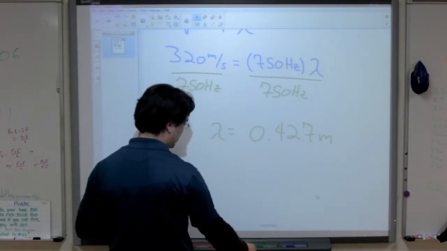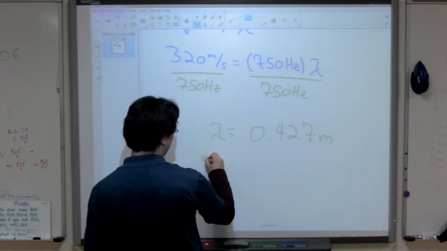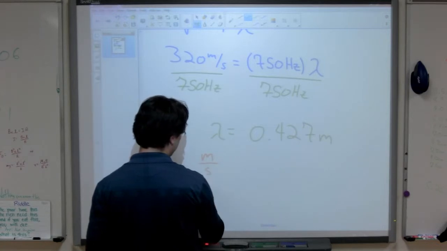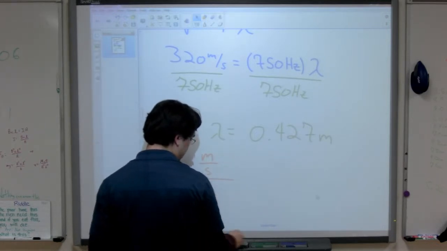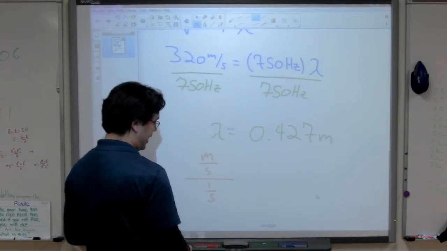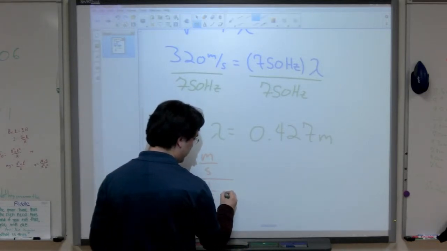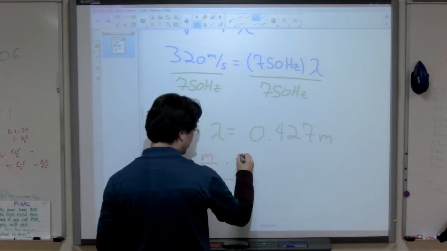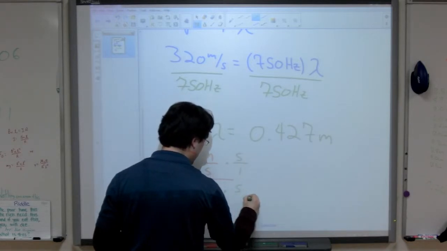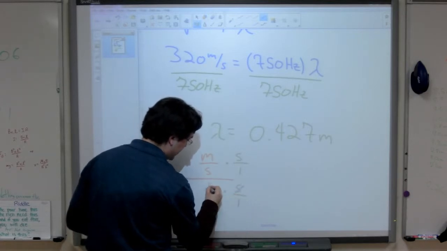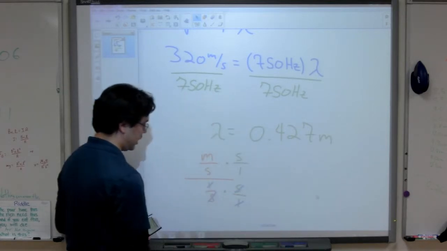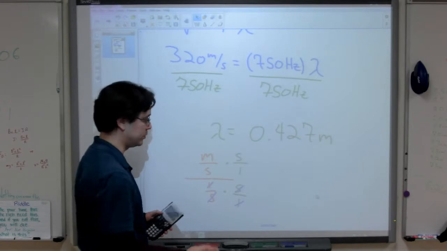So let's double check on those units. I have meters divided by second, and I'm going to divide that by hertz, which is 1 over seconds. So I've got this weird compound fraction thing. What I'm going to do is multiply the top and bottom by the same thing. I'm going to multiply it by seconds over 1 so that I can get the weird denominator of the denominator gone.